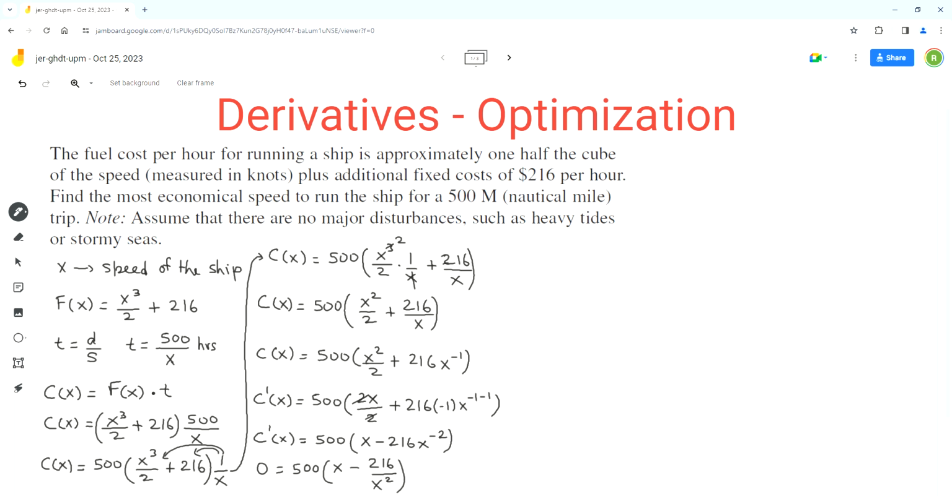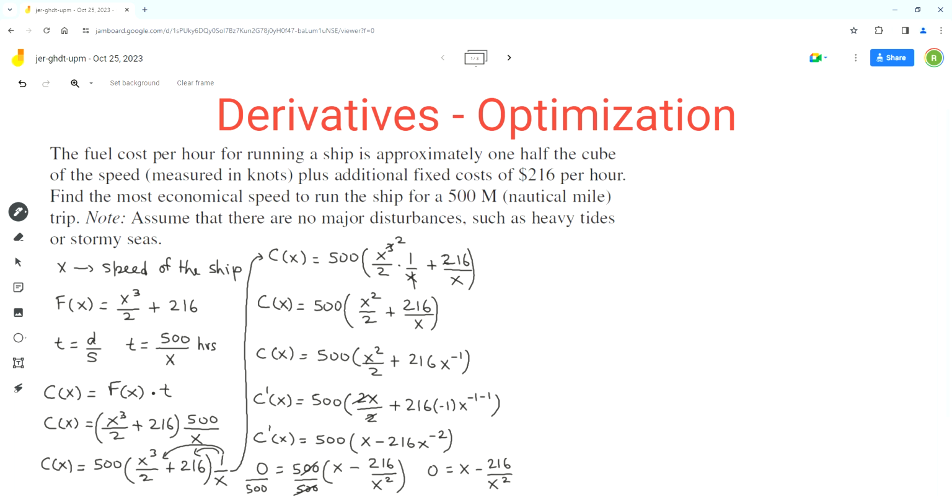Now we have to solve for x. So first we divide both sides by 500 to get rid of 500 on the right side of the equation, and 0 over 500 is also equal to 0, so we get 0 equals x minus 216 over x squared.